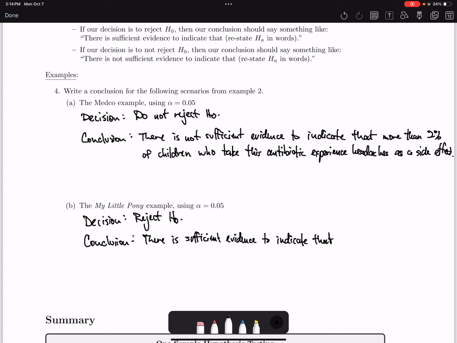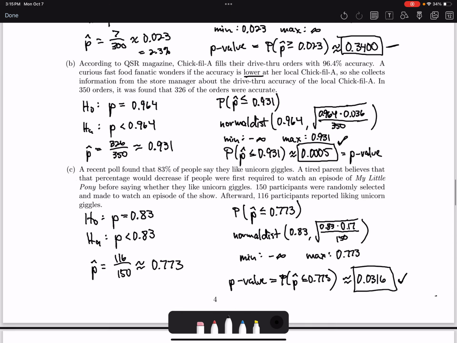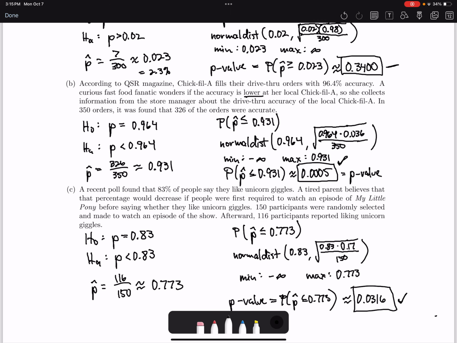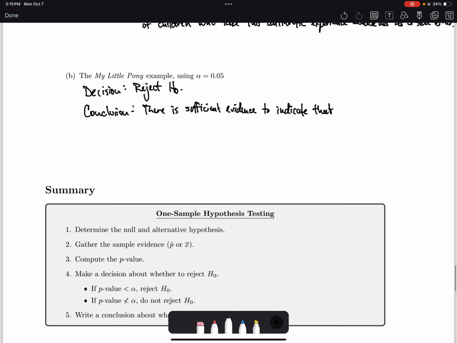The alternative hypothesis in this case is that people's enthusiasm for unicorn giggles would decrease, right? That fewer than, I think it was 83%, of people would like unicorn giggles after watching this show, right?